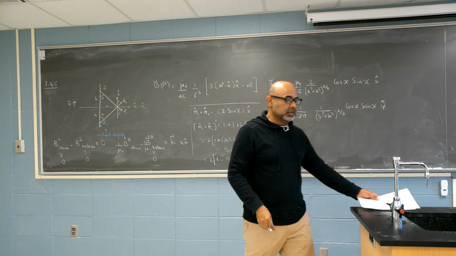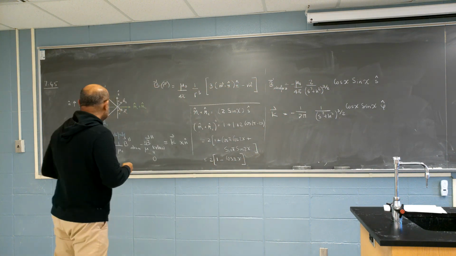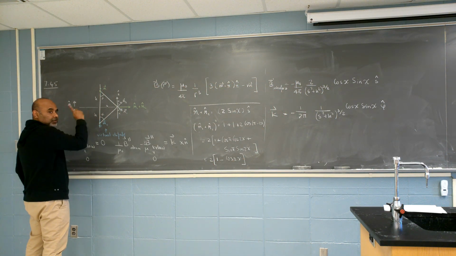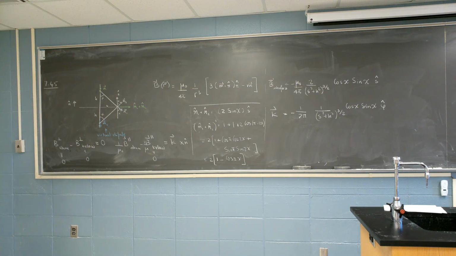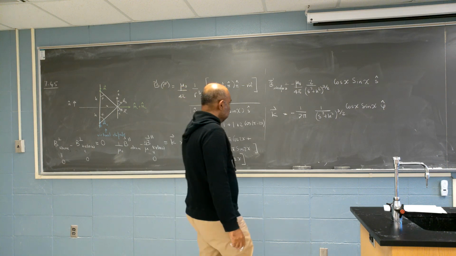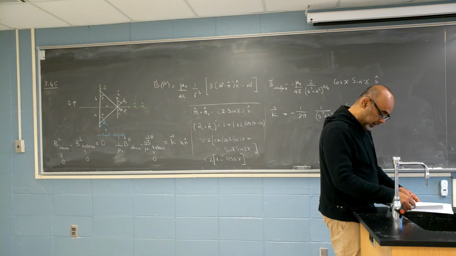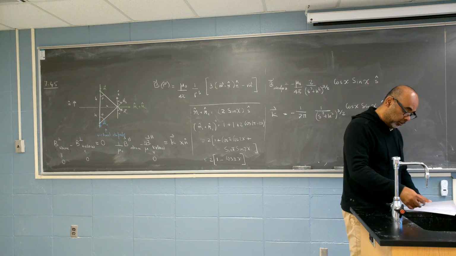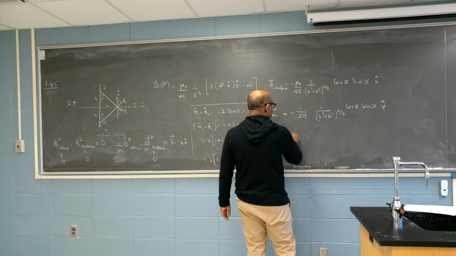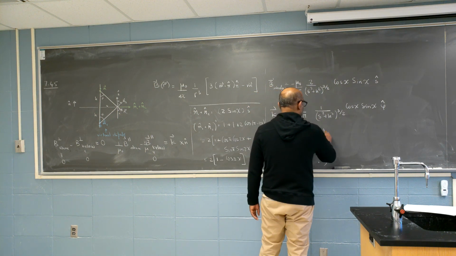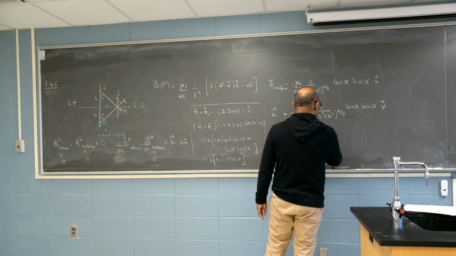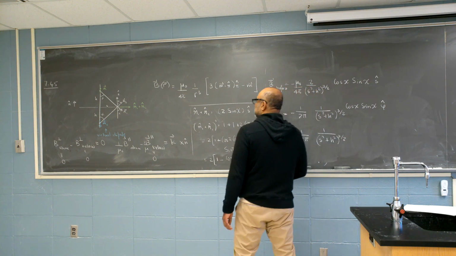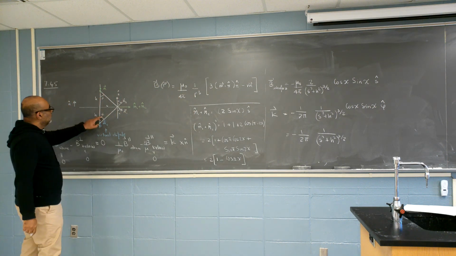So the point is, for it to have a dipole pointing down, the currents have to be going this way, minus phi hat. I wanted that feature for sure. That is almost what I have here. I can put the expressions for sine chi and cosine chi. That is -1 over 2 pi, 1 over s squared plus h squared to the 3/2. If I look at this triangle, what is sine chi?